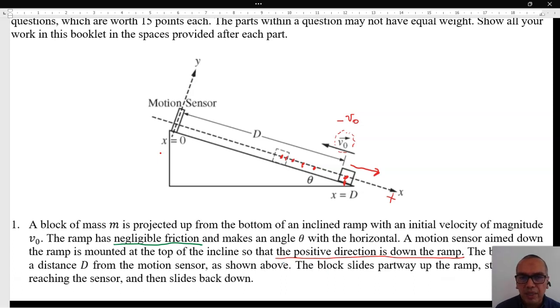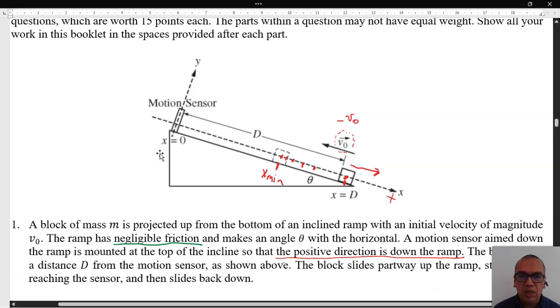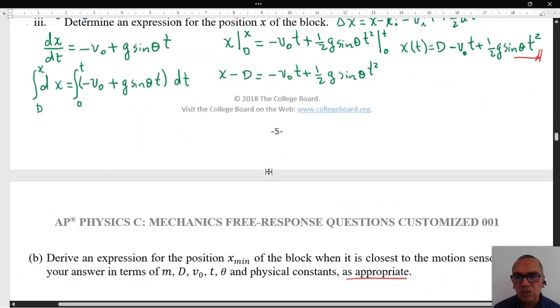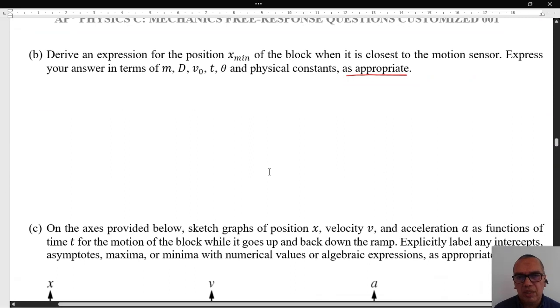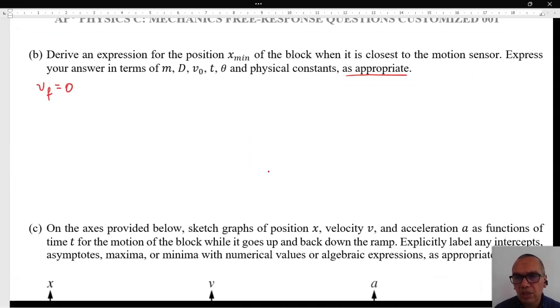So this means basically that if this is the minimum position that it's going to get from zero, obviously the speed there is zero. So there is your key point there. Your final velocity must be zero.